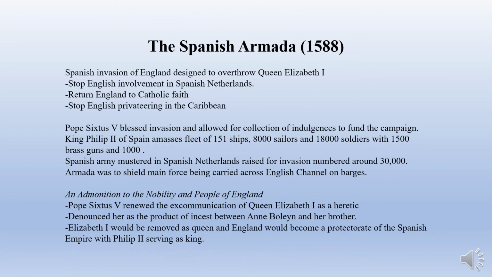Well, the Catholic authorities in the continent of Europe were not happy by what happened to Mary. And so what the Spanish decide to do here in 1588 is they're going to lead an all-out invasion to overthrow Queen Elizabeth I. Not only were they mad about Mary, Queen of Scots, being executed, they wanted to stop the English from being involved in the Spanish Netherlands.